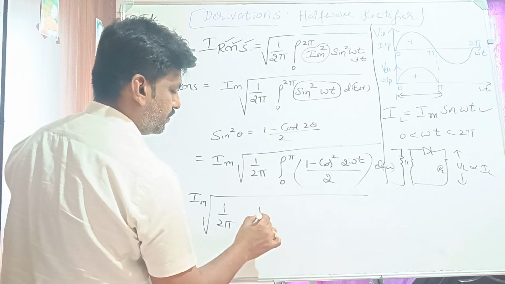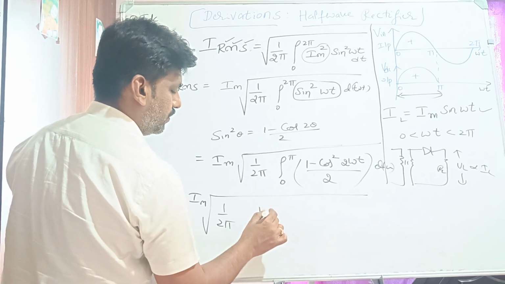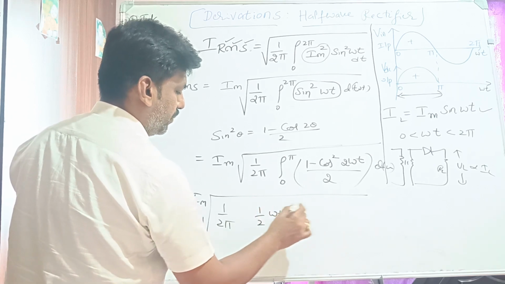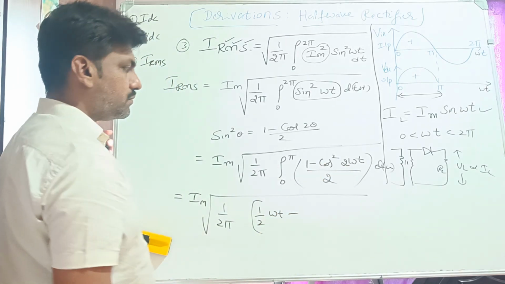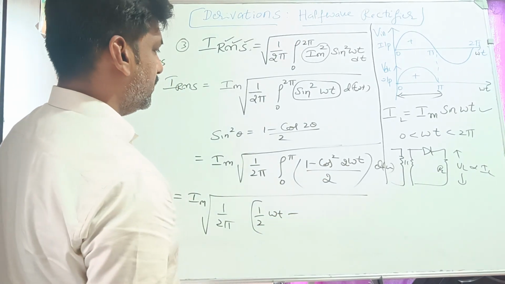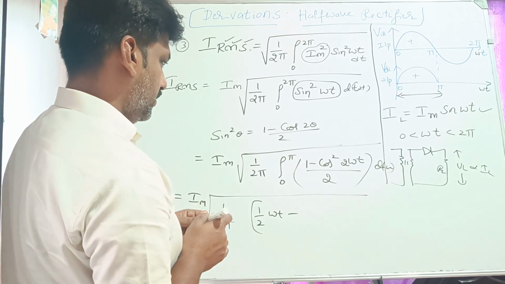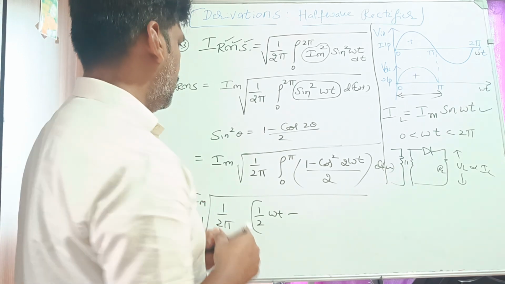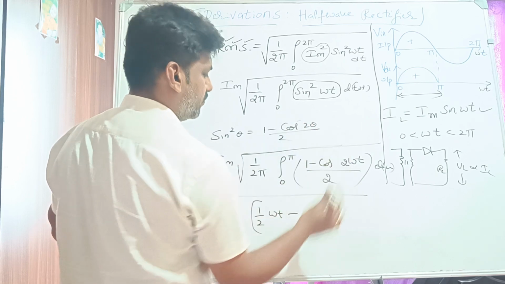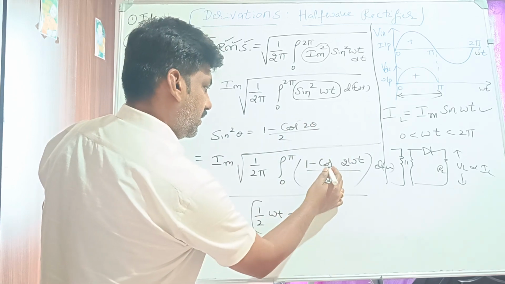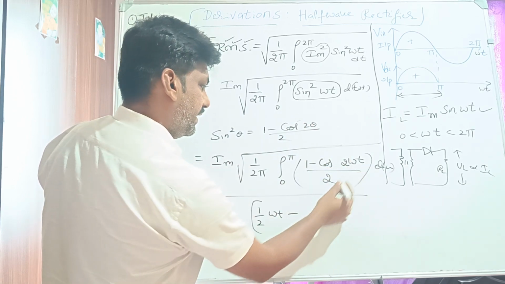Now we should do the integration of 1 by 2 of d omega t. So it is half omega t minus, 1 minus cos 2 omega t, it is not cos square. So it is 1 minus cos, that is, we should write it as cos 2 omega t by 2.